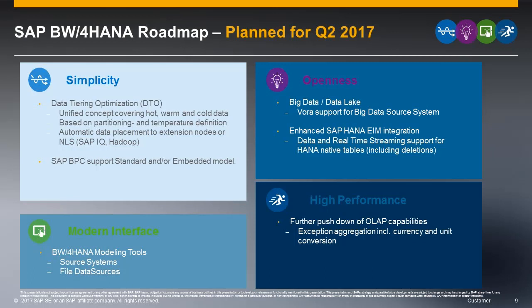So the delta and real-time streaming of the HANA native tables. From a performance perspective, I touched on this as well, how we will continue to take things from the OLAP engine and push it down into the database, the HANA database. And next on the list for this quarter is exception aggregation and unit of measure conversion.